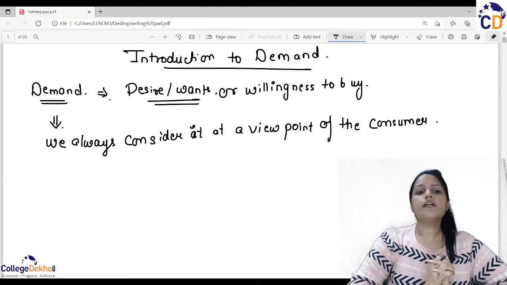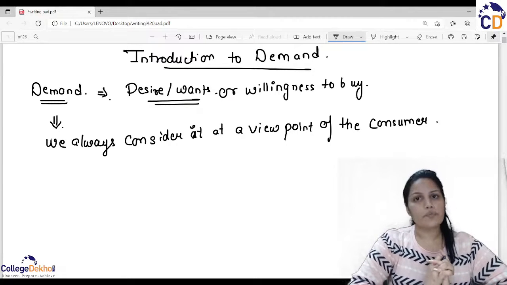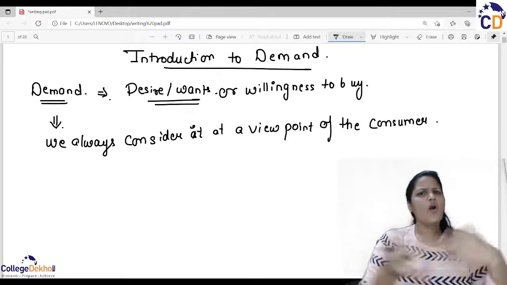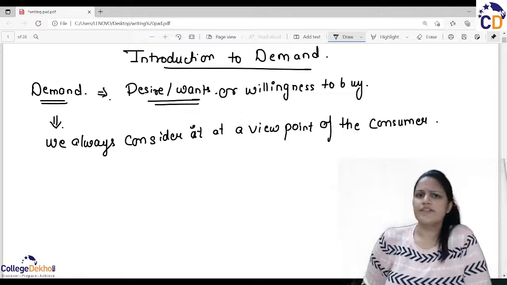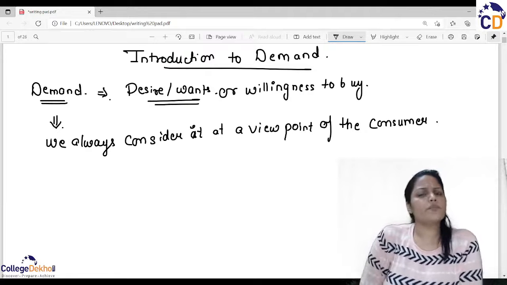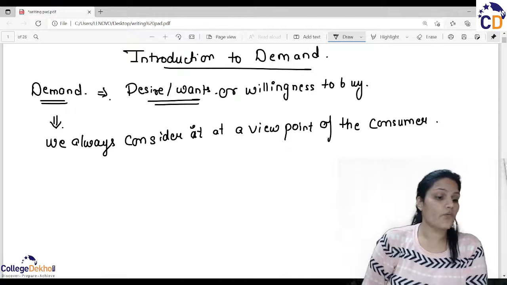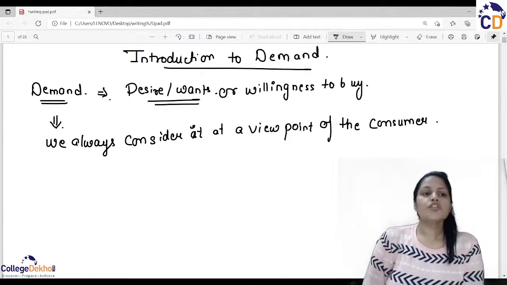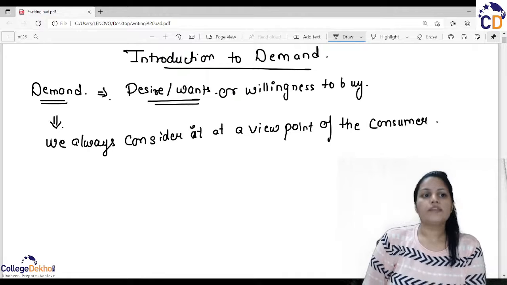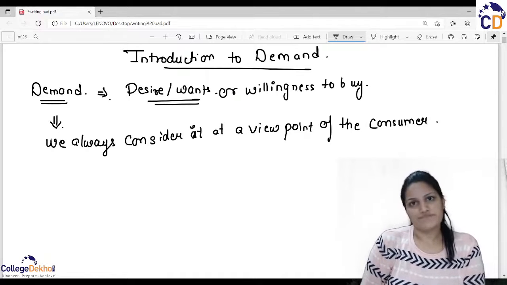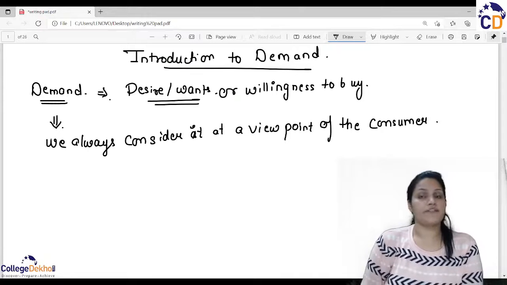So from the point of view of the consumer or customer, what is the next step? As we all are consumers and customers, we always go to a market to purchase some item. We always desire what we actually want. So here also there is a consumer who is ready to purchase the item.